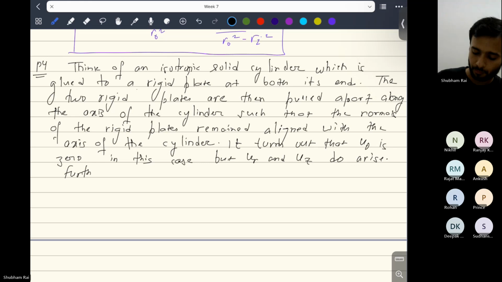Furthermore, ur and uz are not functions of theta coordinate.